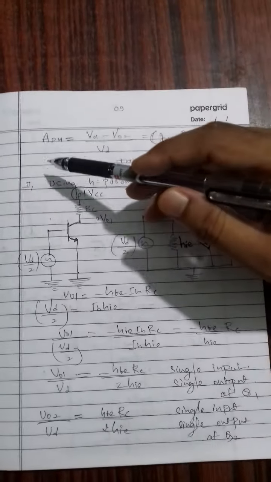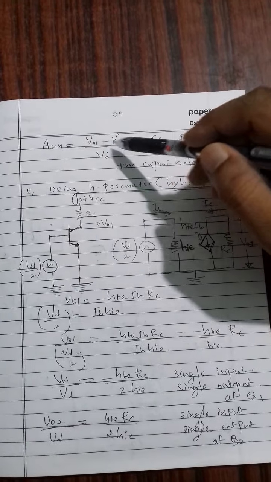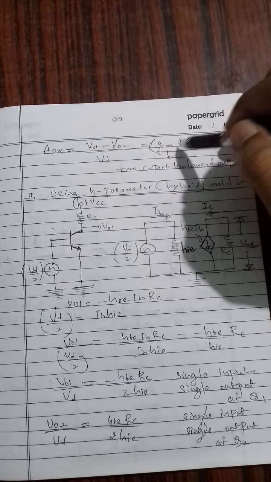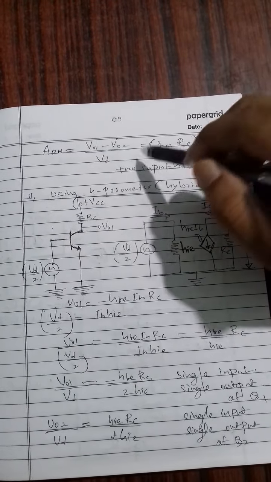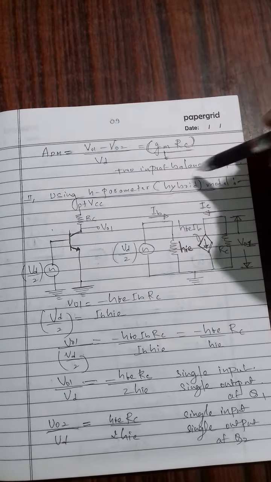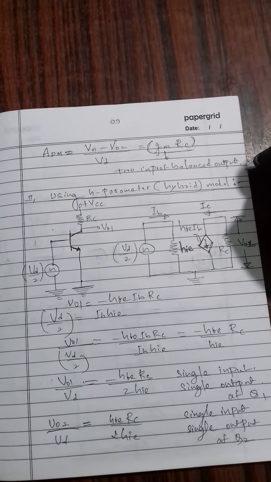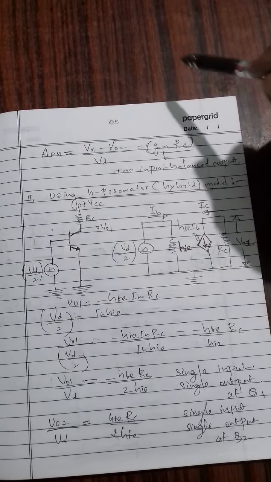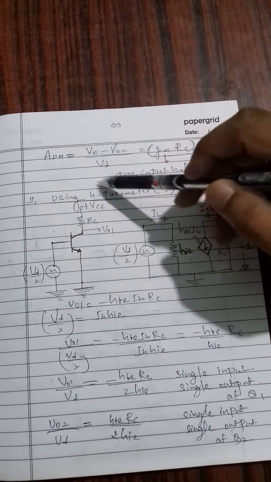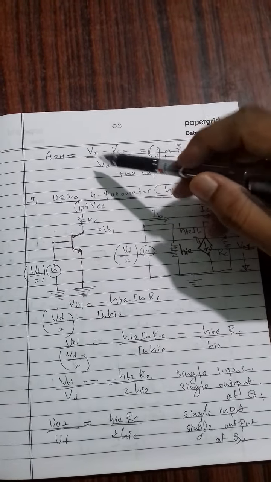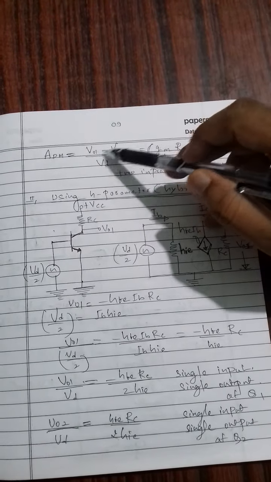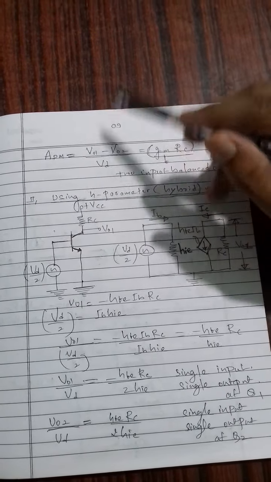The differential mode gain ADM is equal to VO1 minus VO2 upon Vd, which is equal to Gm Rc, that is, two input balanced output.